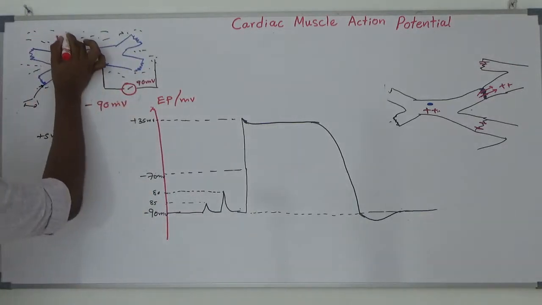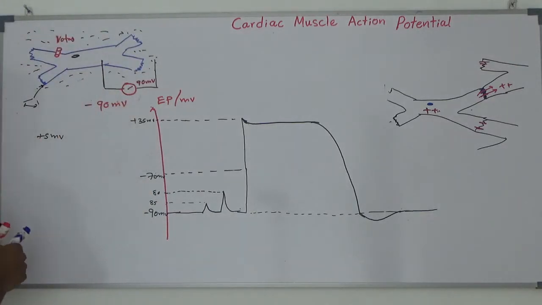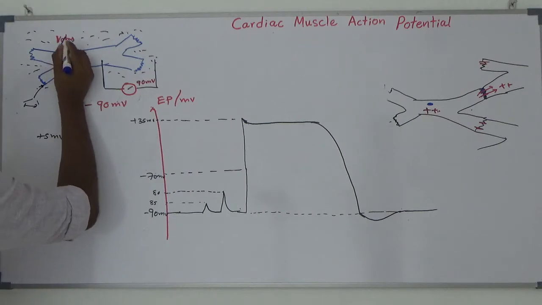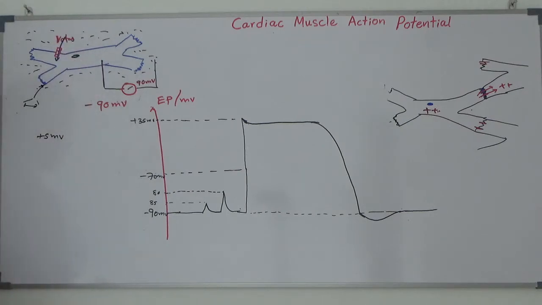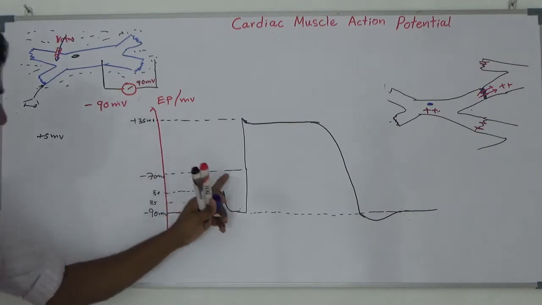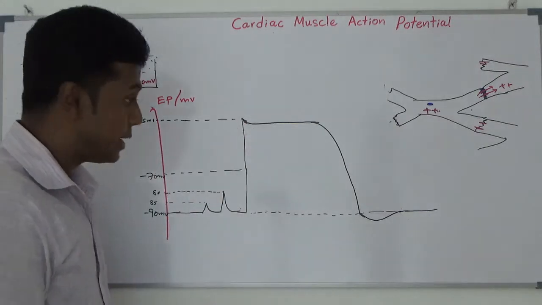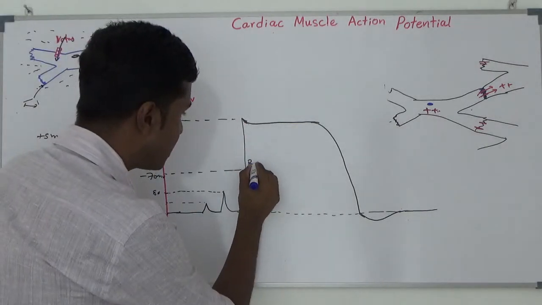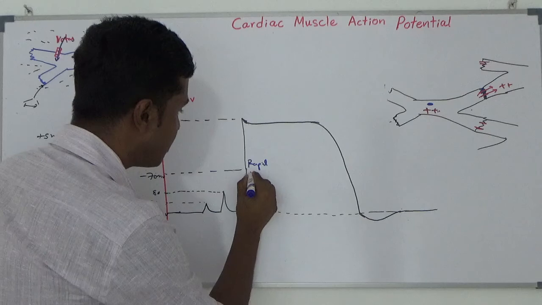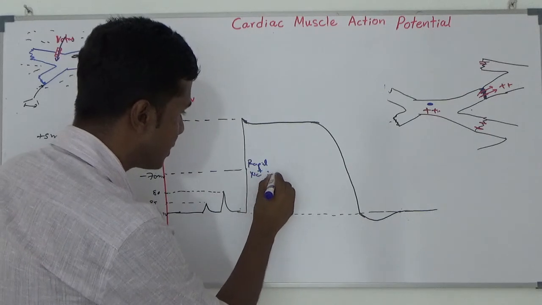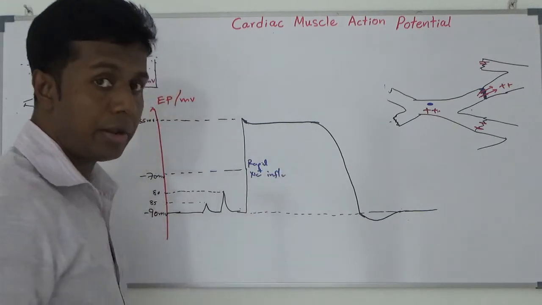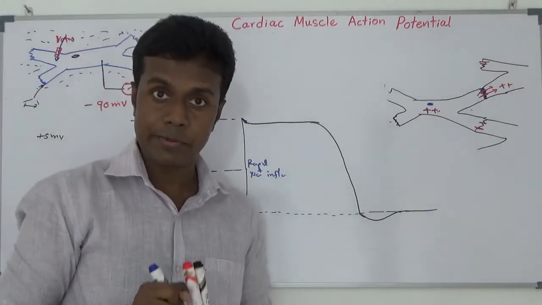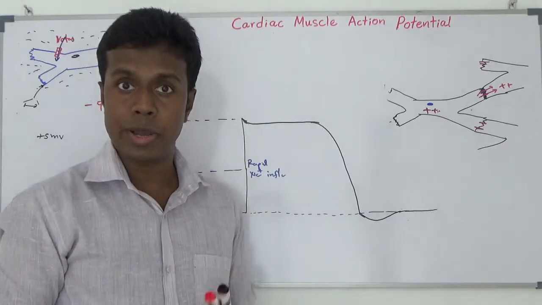Because of the opening of the sodium channel, a large amount of sodium comes inside. Because of the rapid sodium influx, the negativity of the cell is going to diminish.